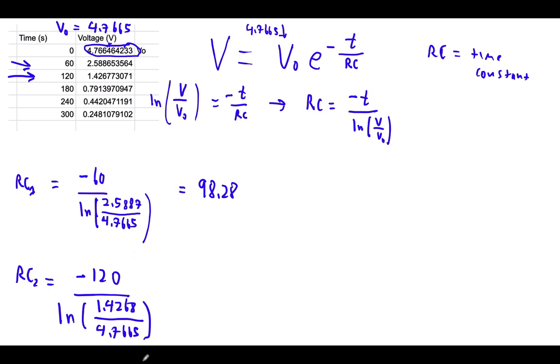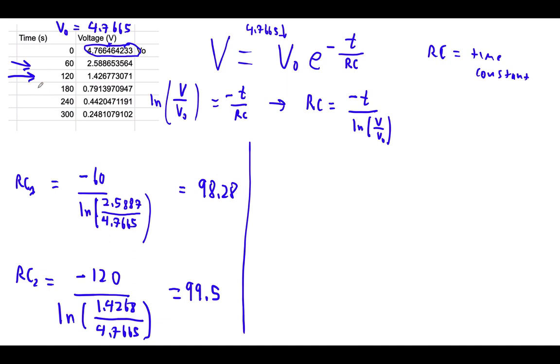So literally I can take in my calculator and just grab the value that I just did and just change those values. So 1.4268, and then I need to change this to 120, and I get 99.5. Okay, you could do this in the spreadsheet too if you wanted to.